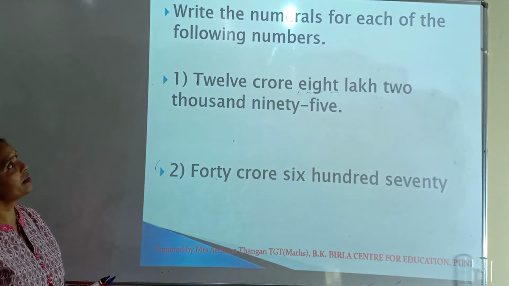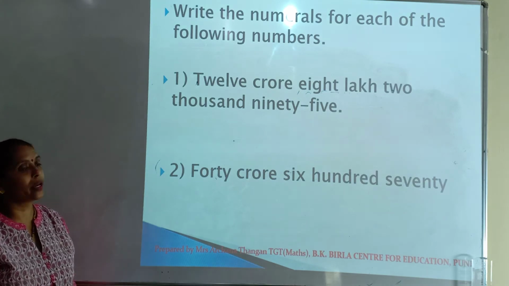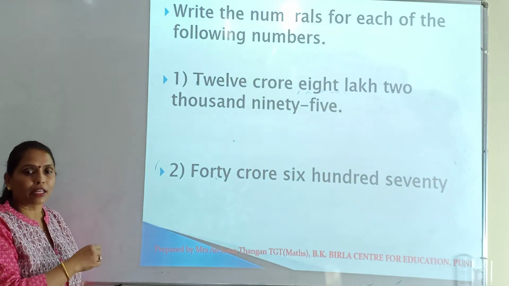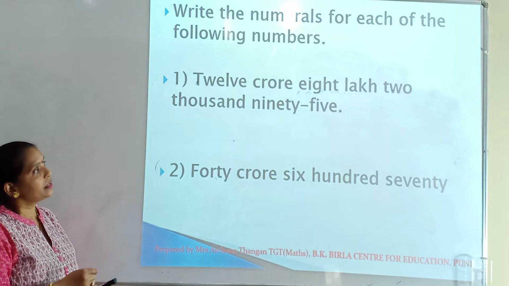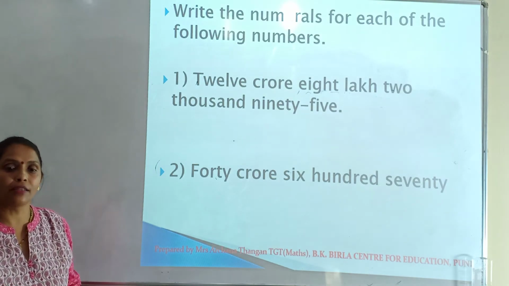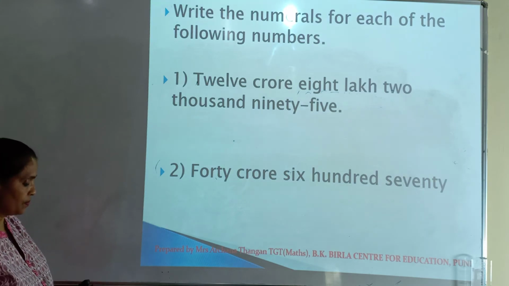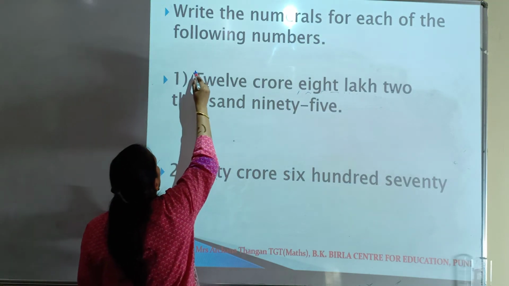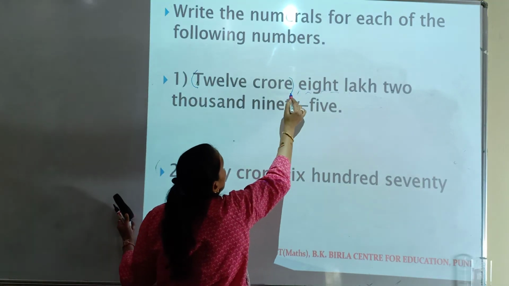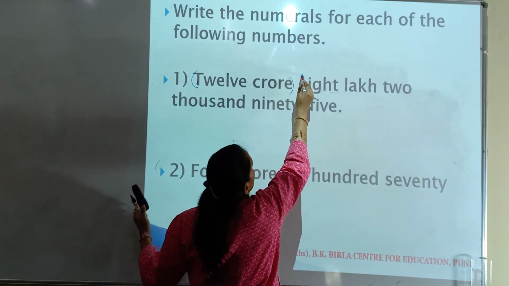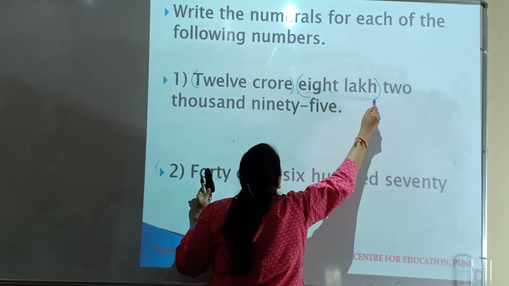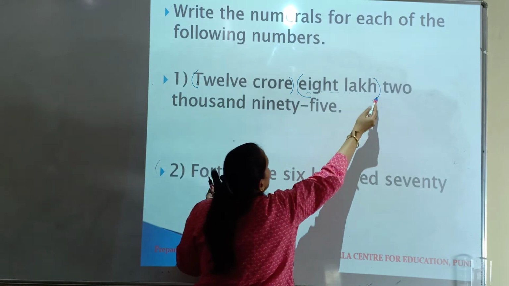Next, write the numerals for each of the following numbers. It is given in words. The number name is given. You have to write it in figures. So first we have 12 crore. This is the first group, 12 crore. Then 8 lakh. This is the second group.